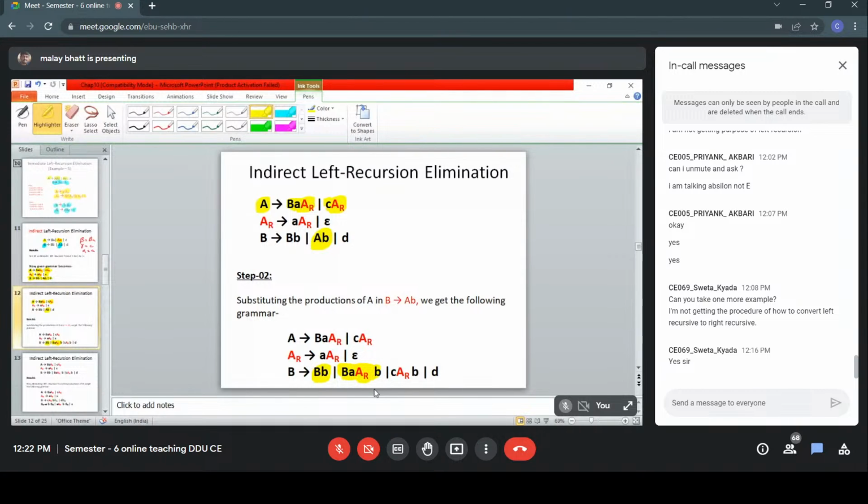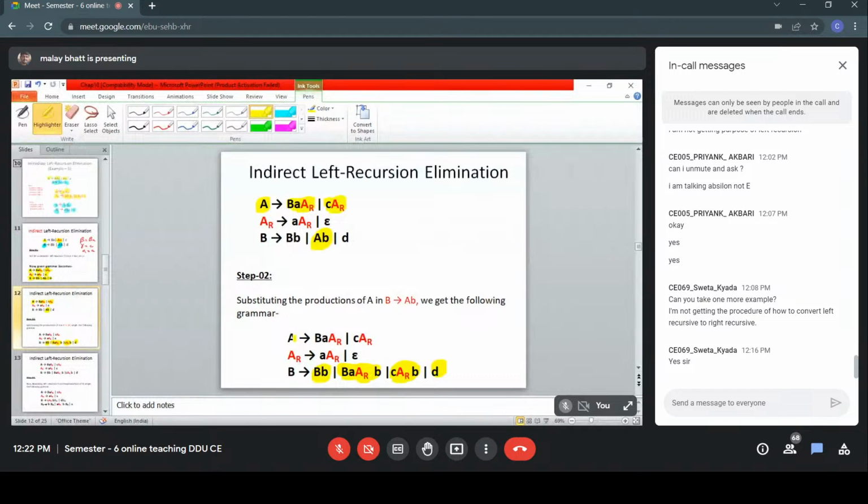We have CB, AR. Because I am replacing with C, AR, so first C, AR, and then B will be at last. We cannot change the order because it will change the grammar. So it is C, AR, and B at last, and D as it is.